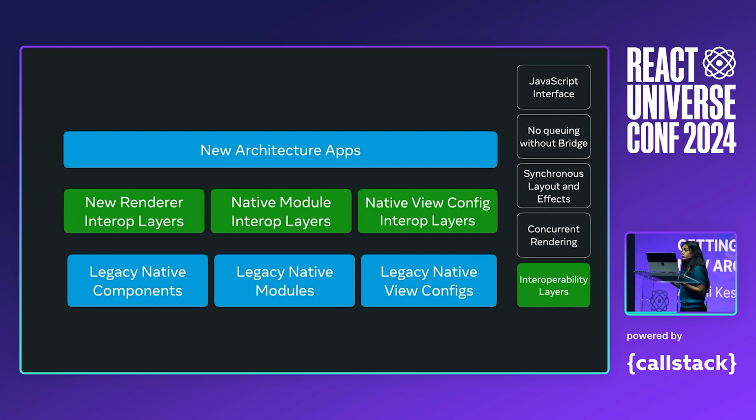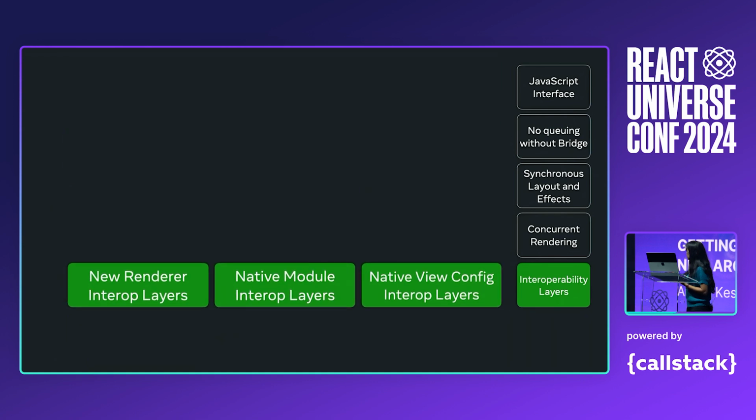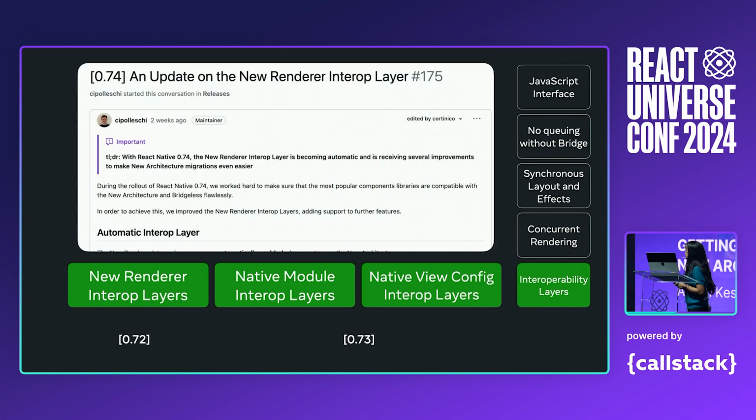Similarly, the native modules interop layer, most legacy modules registered with React Native will be supported by the new native module system. We introduced this new renderer interop layer in 0.72, and similarly, we introduced these native module interop layers and the native view config interop layers in 0.73. And then in 0.74, we made this new renderer interop layer automatic.